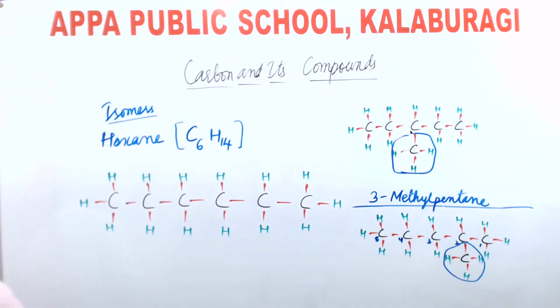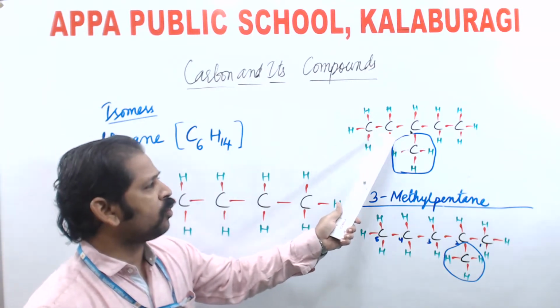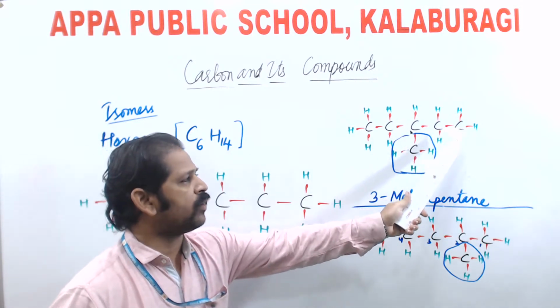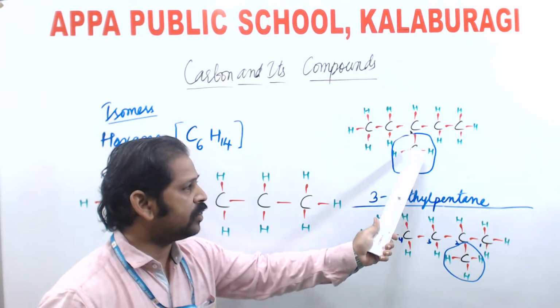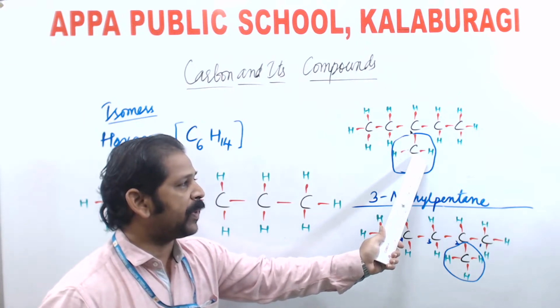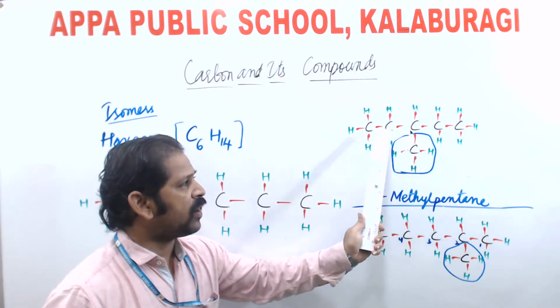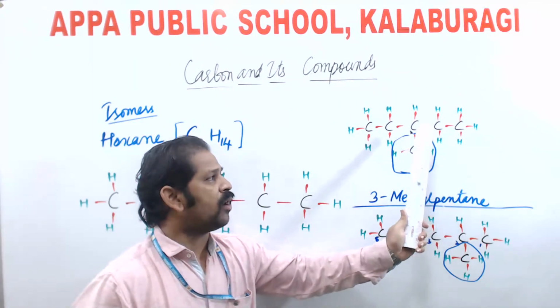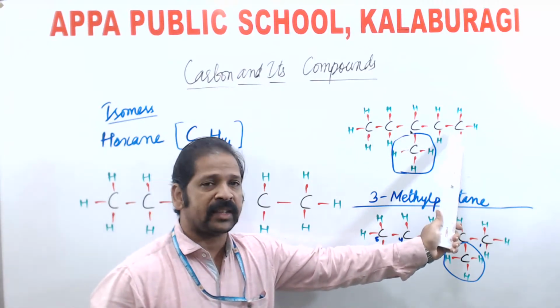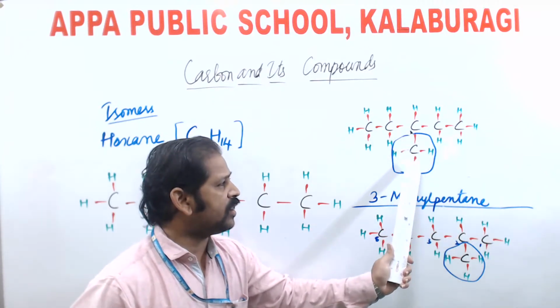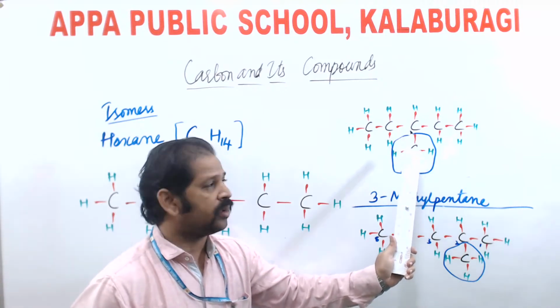If you go here, 1, 2, 3, 4, 5. 5 are straight chain, 1 is branched. This carbon is branched. The 5 in the straight chain are also called the parent chain, and this is the branch.